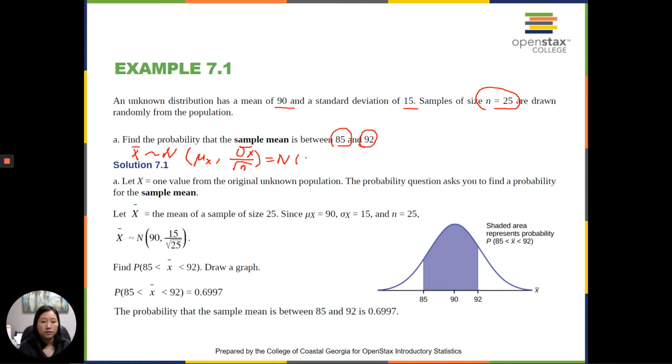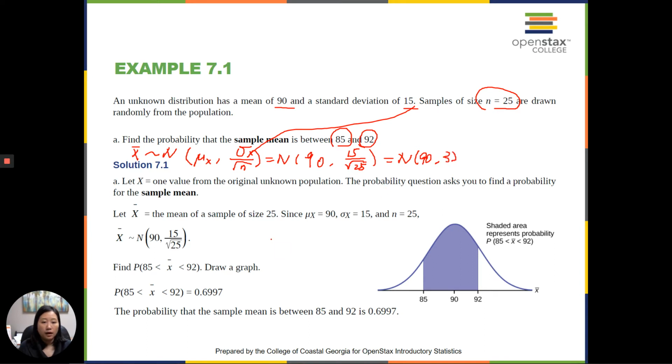Mu x is 90, sigma x is the standard deviation of 15, and n is 25, so the square root of 25 is 5. So its mean is 90, and the standard deviation is 3.